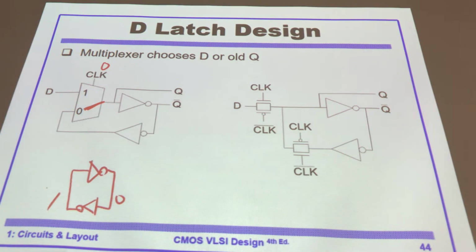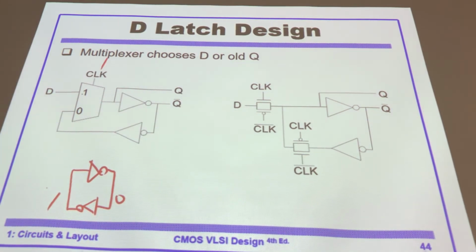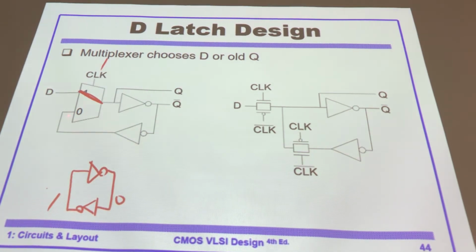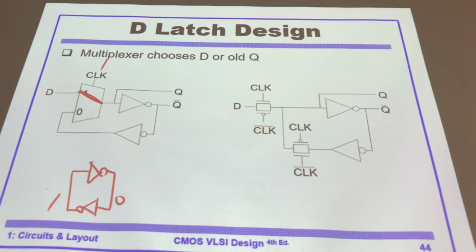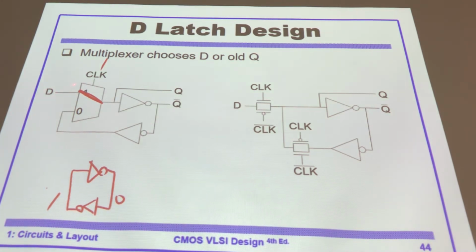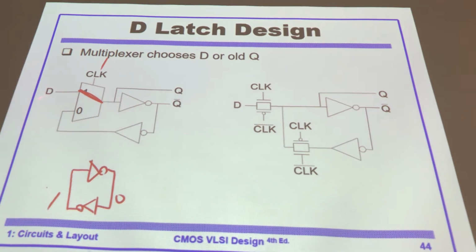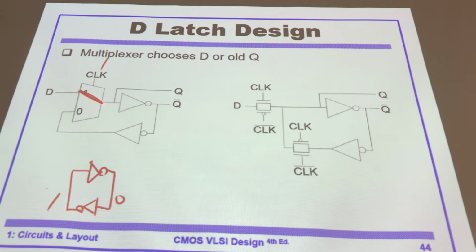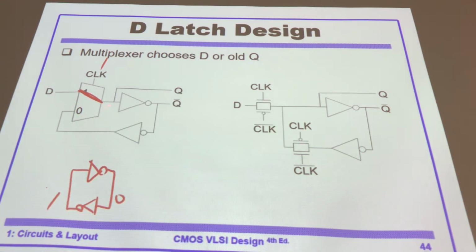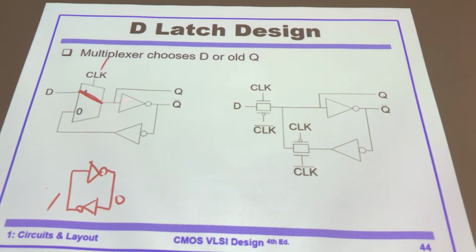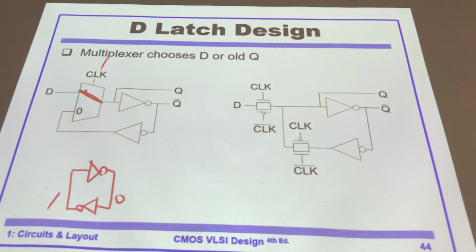Until when clock is high, there's no connection here, right? So the D signal value will force the inside to become the value of D. D 会强迫改变里面的讯号值，它会比较强度比较强。Although there's some signal here, D is going to give you a stronger signal.